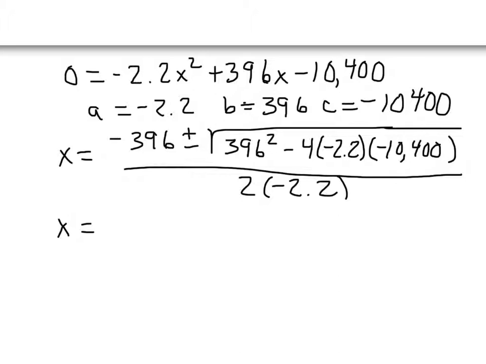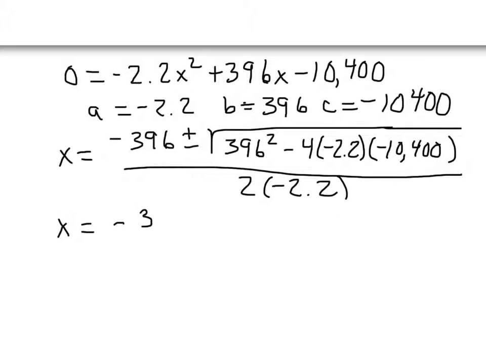I think first I'll calculate the discriminant, the part under the square root. So 396 squared minus 4 times negative 2.2 times negative 10,400. That's 65,296.